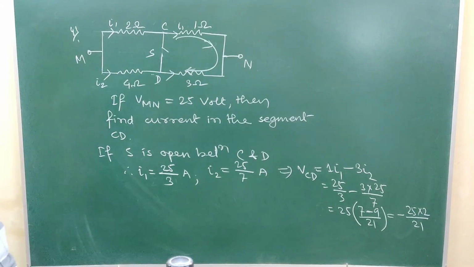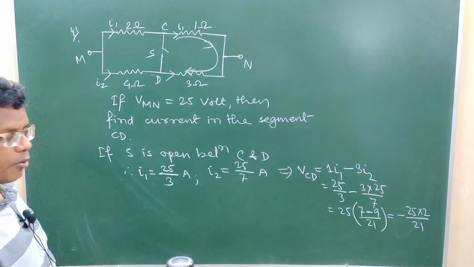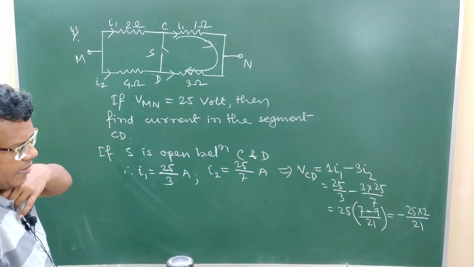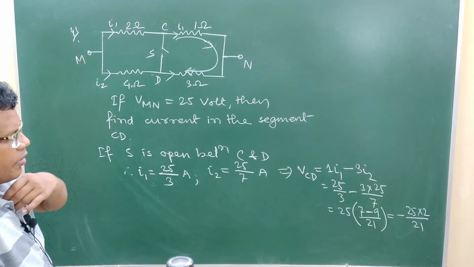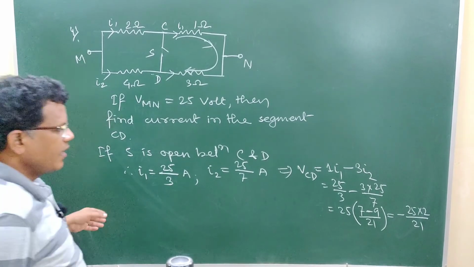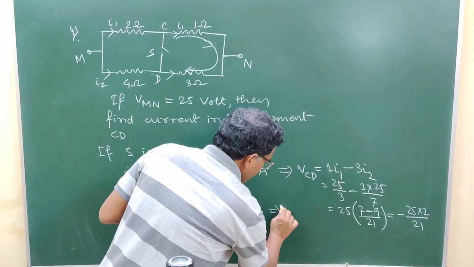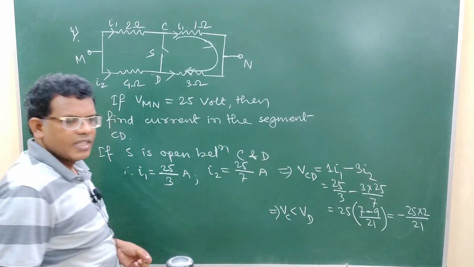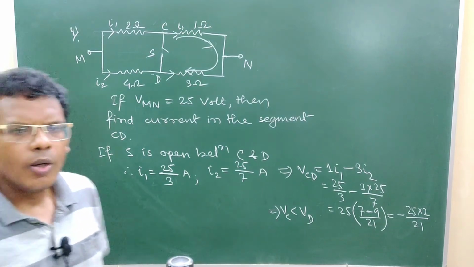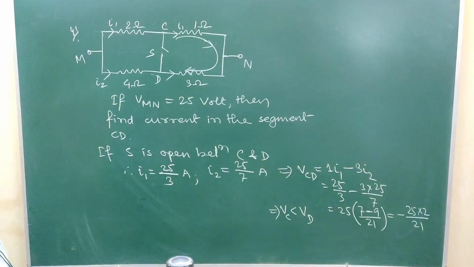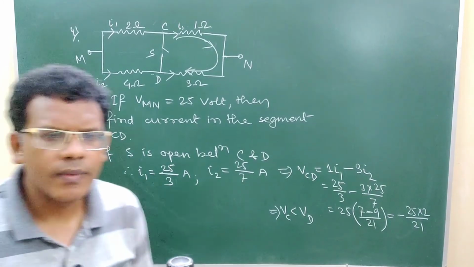Got my point? Minus of 25 into 2 by 21, isn't it? So this is the potential difference from C to D. It is negative. That means obviously according to this calculation we can say VC is less than VD. So it is D which is at the higher potential than that of C.